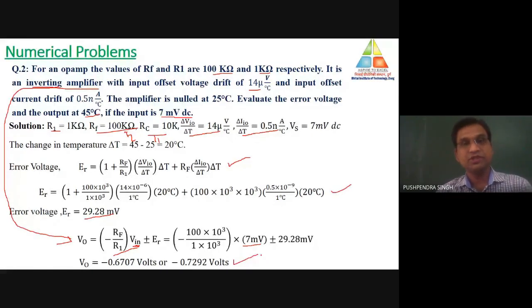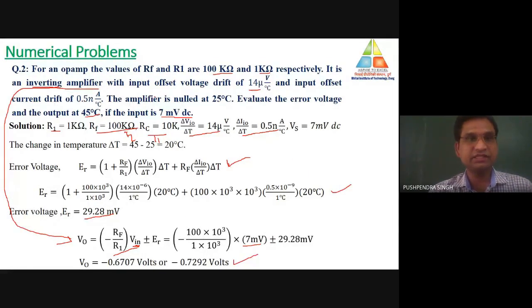So simple. So today we have solved 4 problems, 2 related to voltage series and voltage shunt. Those problems were also completely formula based. This problem is also basically based on the formula. Just remember the formula and you can easily calculate the value of the final output.